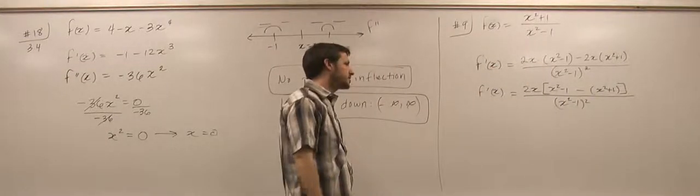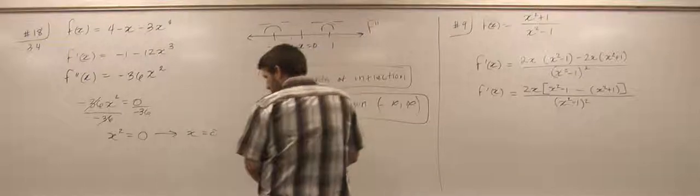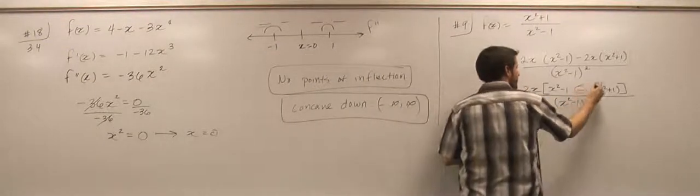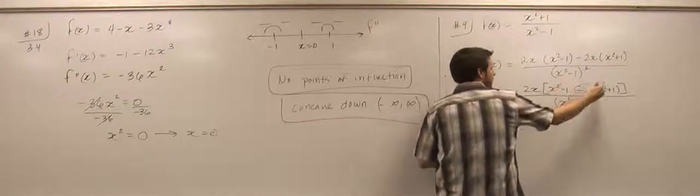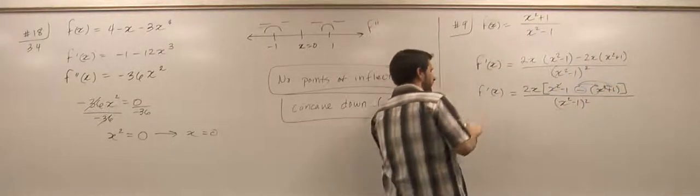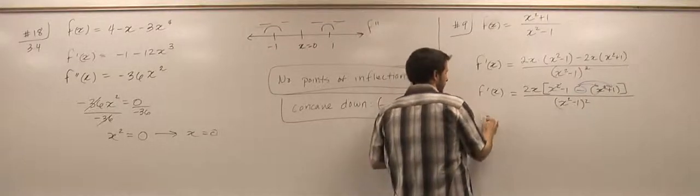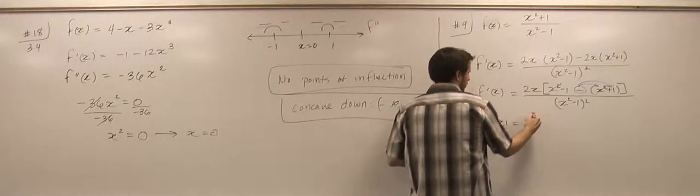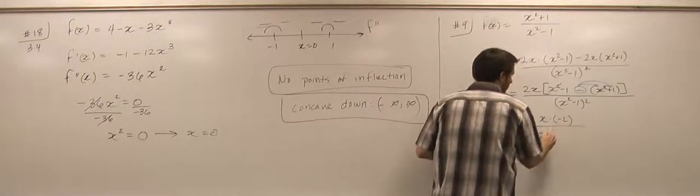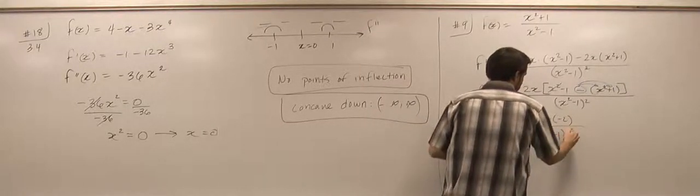So inside, you actually just end up with negative 2. Right? Because this minus x squared and this x squared are going to cancel. And then this minus 1 and this minus 1 are going to give you negative 2. So you get 2x times negative 2 over x squared minus 1 squared.